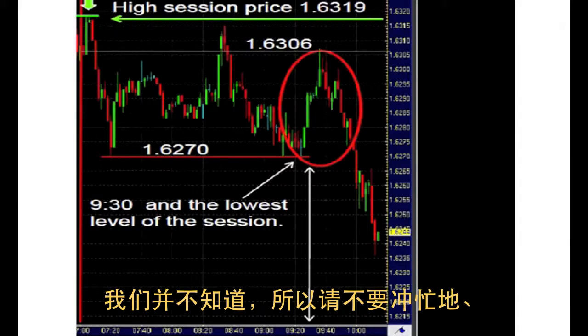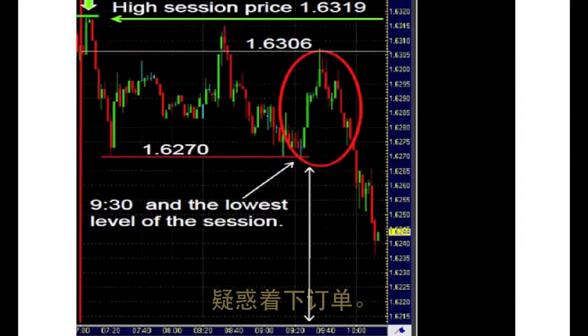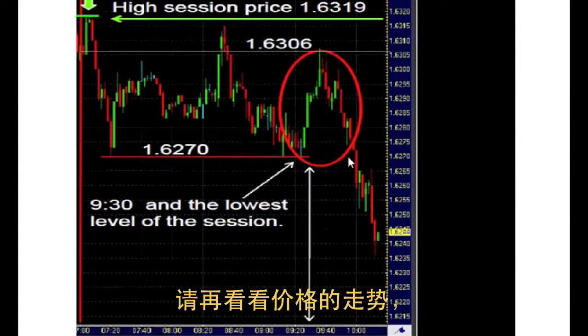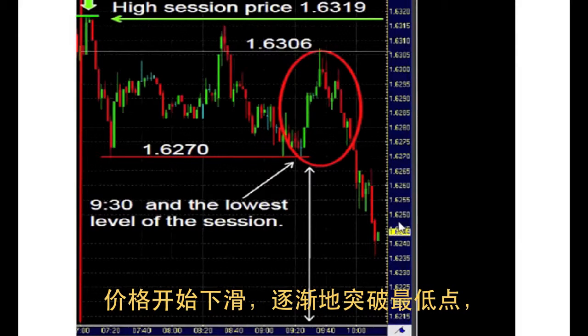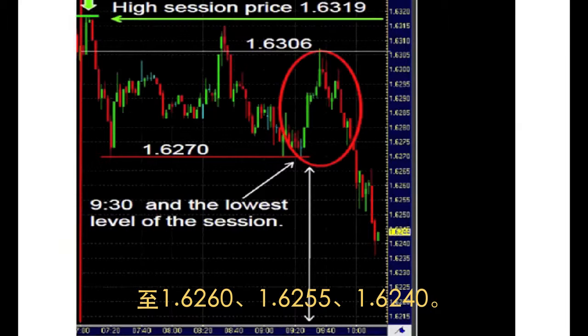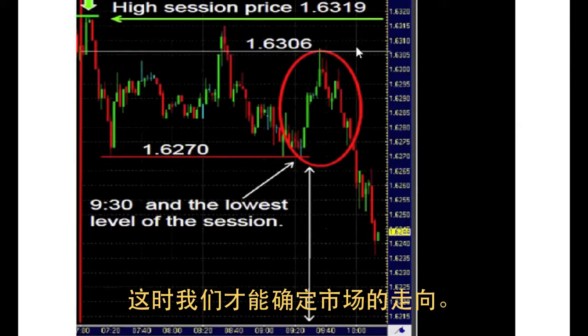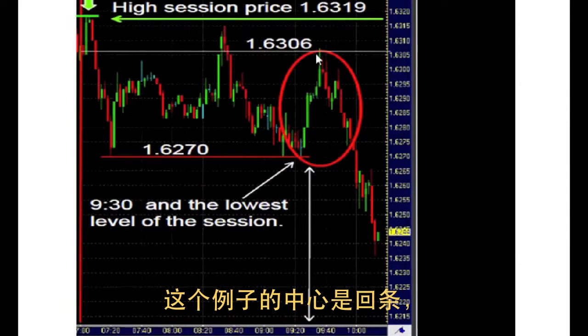But take a look at what happened after the price starts moving lower and eventually breaking the lower level of 162.70 to 162.60, 162.55, 162.40. The key in this example is not only support and resistance levels that were made early on as reference points, but eventually this big retracement.